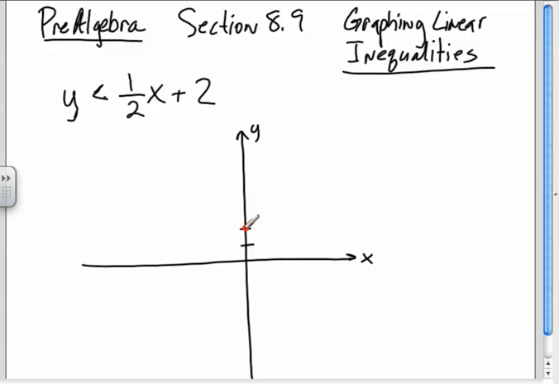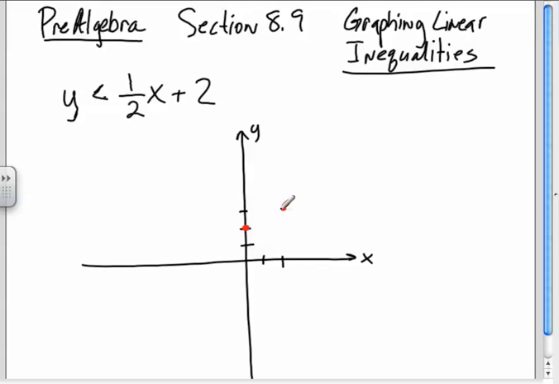Now, we're going to treat this like a line because it's going to form a boundary for us, and that boundary is going to tell us which side solves the inequality. It's going to divide between the side that solves the inequality and the side that doesn't. Okay? Now, once I get up to 2, I'm going to go up 1 and over 2, and I'm going to put another dot. Okay?